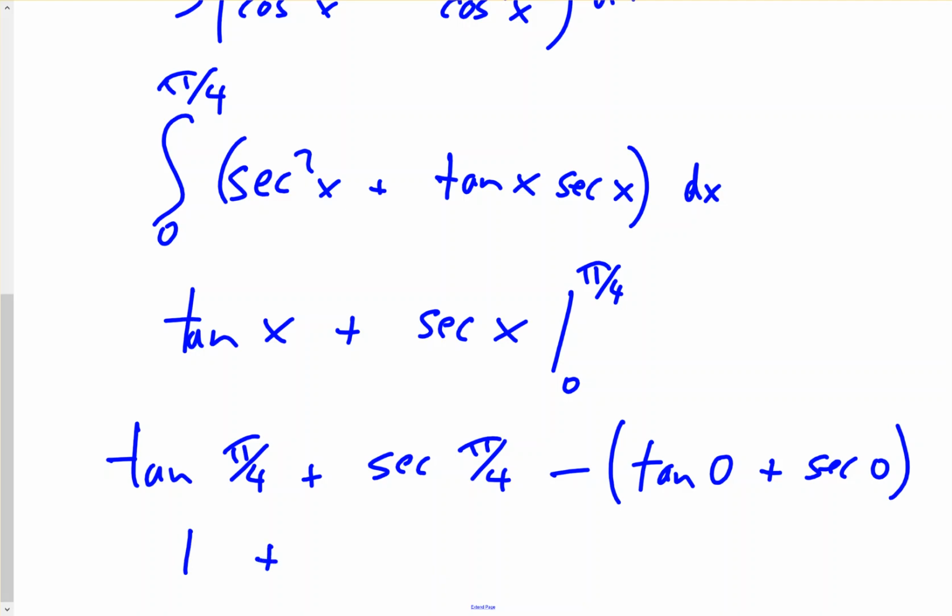Secant of 45 degrees would just be radical 2. And then tangent of 0 would be 0. And secant of 0 is 1 over cosine of 0. Cosine of 0 is 1.